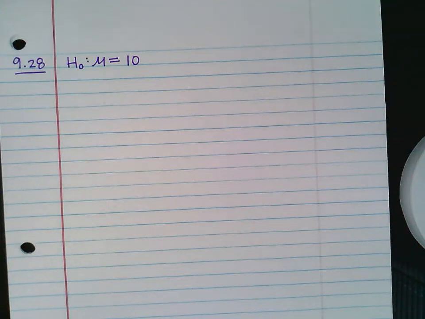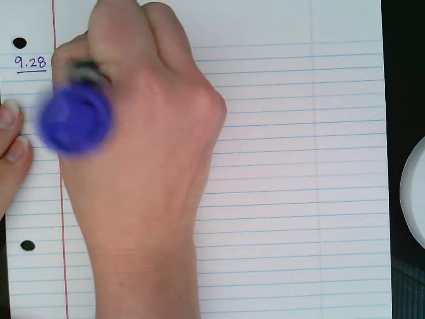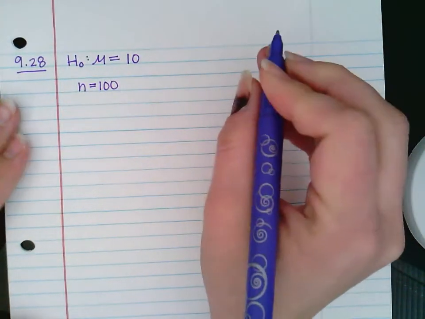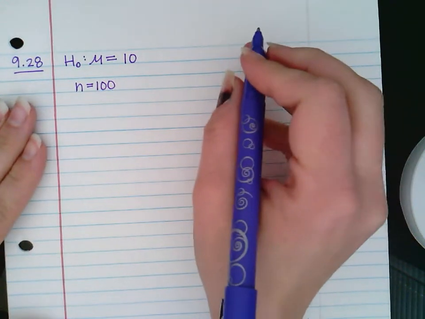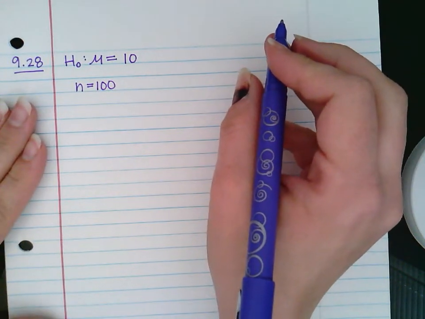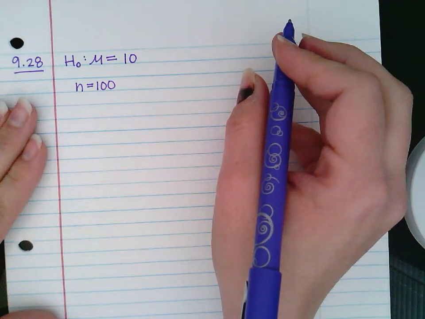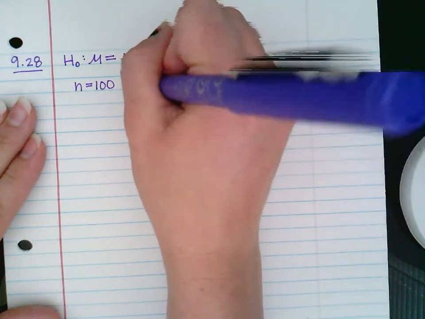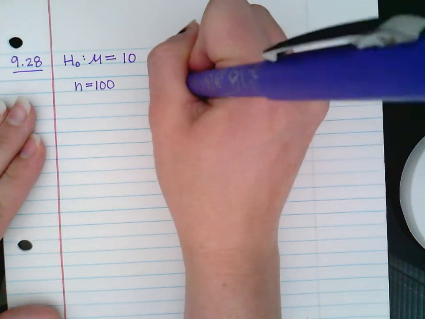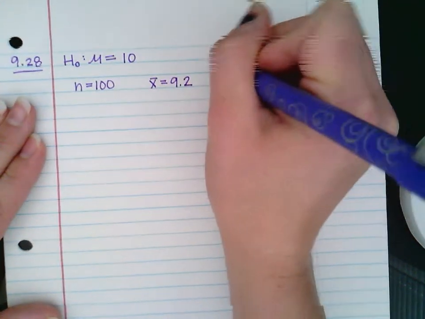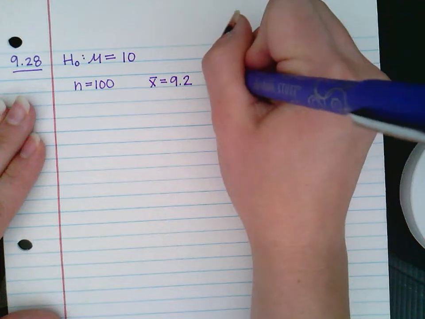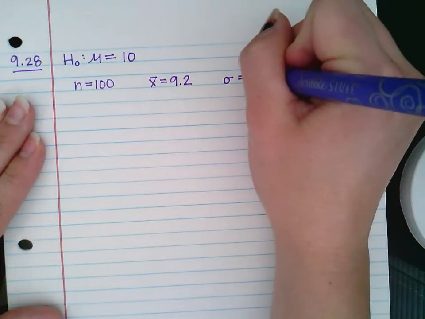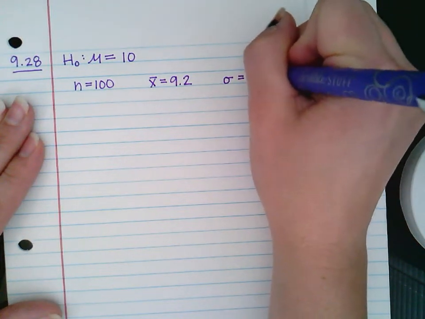And then it goes on to say a random sample of 100 long distance calls are made by residential customers, and we took records and they show that the mean duration of calls is 9.2 minutes. And the population standard deviation is known to be 3.8.